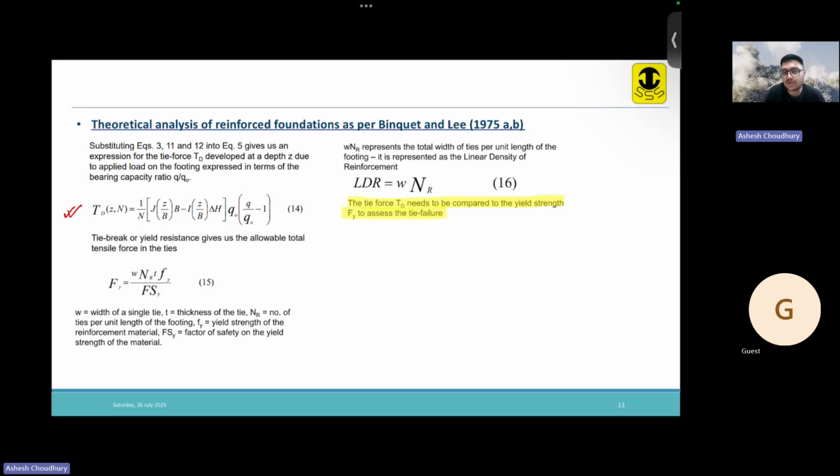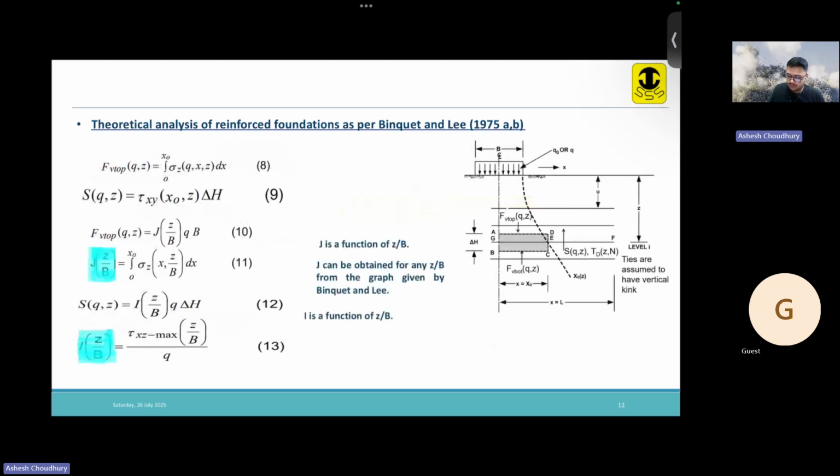It is represented as the linear density of reinforcement LDR, which is W into NR. The tie force TD needs to be compared to the yield strength Fy to assess the tie failure. You will see this when we solve the problems.